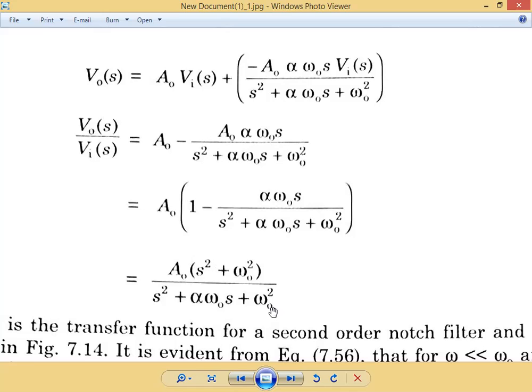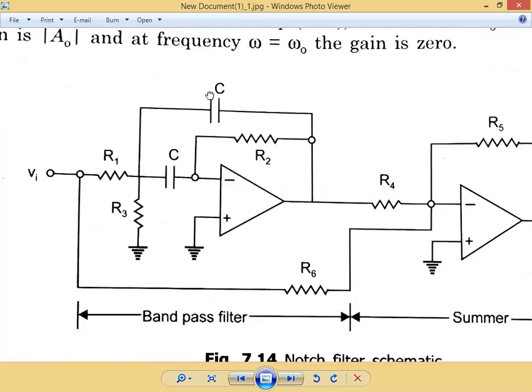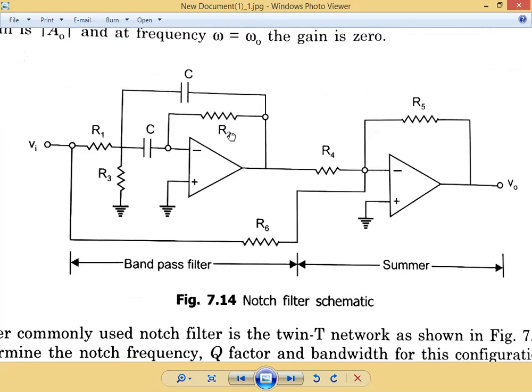Why are we using a second order band pass filter here? This is the transfer function of a second order notch filter. If you observe the circuit diagram, it will be like this.